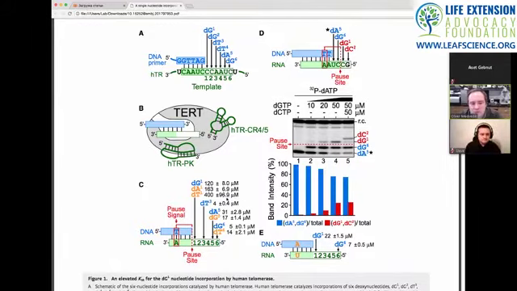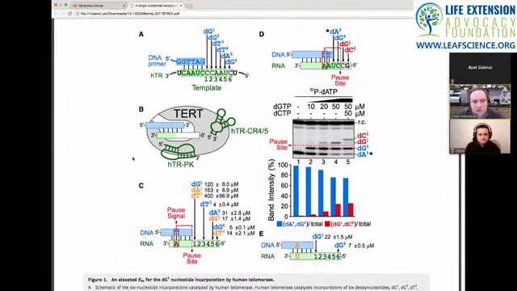So basically what this means is you need more of a particular substrate to reach half maximal velocity, which means that the higher the Km value, the slower the enzyme, right? So that's the slower the step. So the lower the Km, the faster it is. So I guess you want to consider that to be a better enzyme: the lower the Km value in these cases, the better it is, the faster it is incorporating nucleotides.